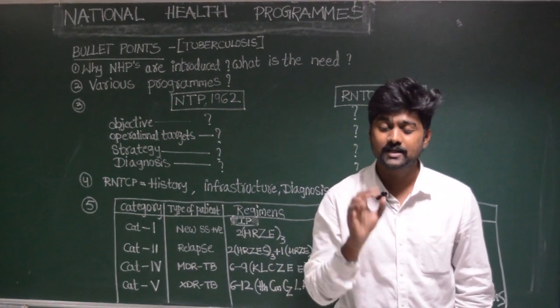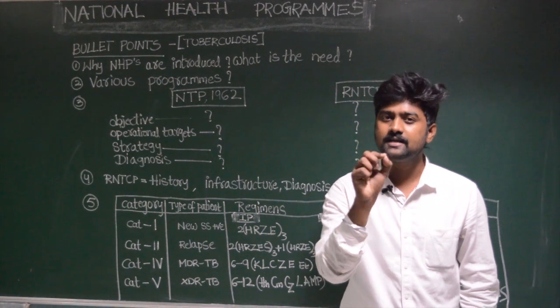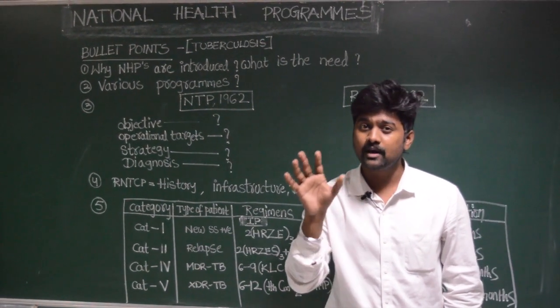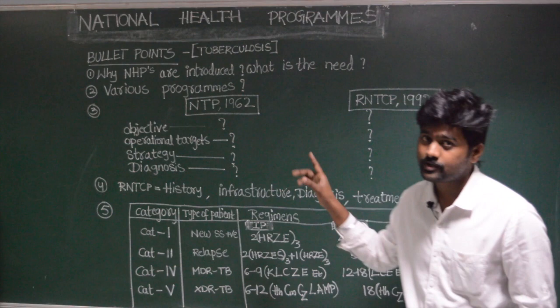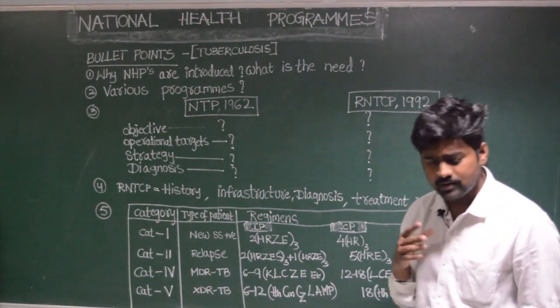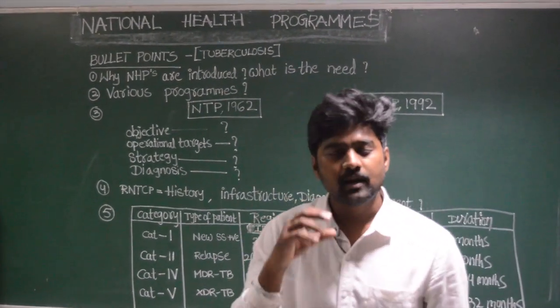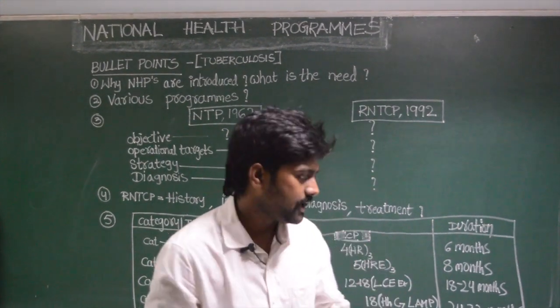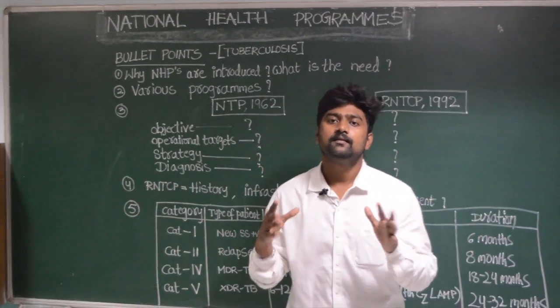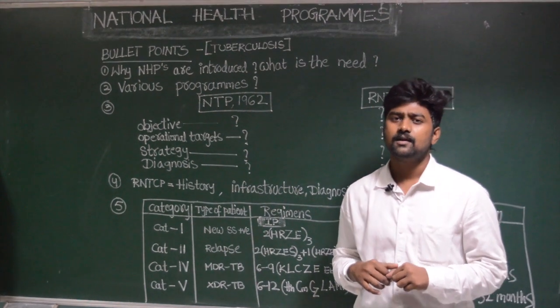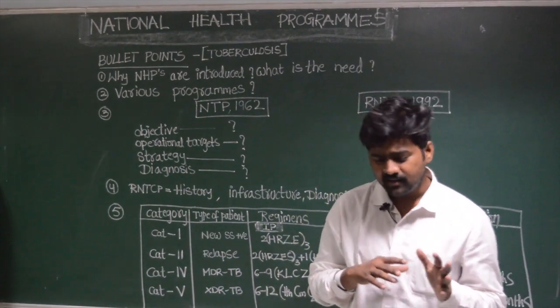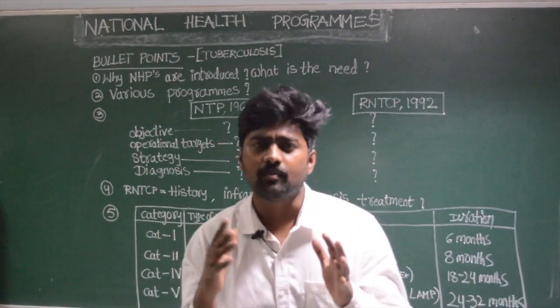Also, I want to tell you that in the year 1983, there was a global emergency in India with regard to tuberculosis. When a global emergency has occurred, it means a large number of people have been affected with this disease.